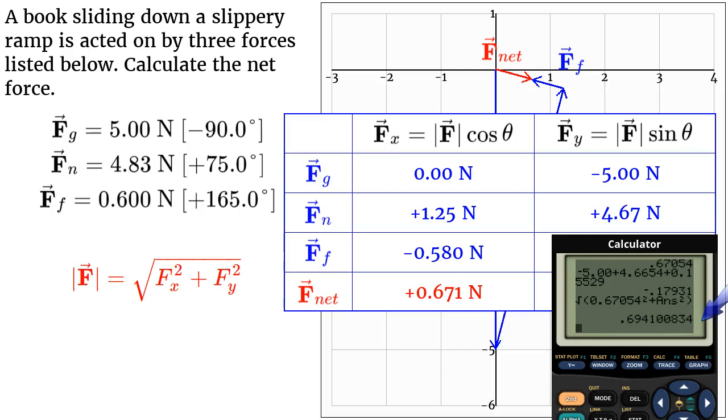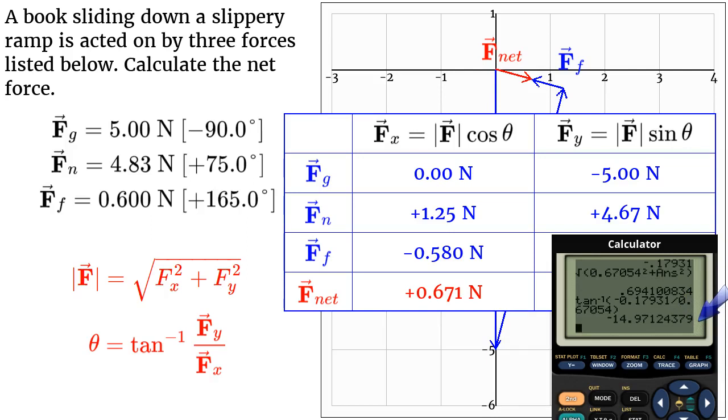So according to my calculator, the net force has a magnitude of 0.694 newtons. To calculate the direction of the net force, we'll plug the x and the y components into the inverse tangent formula. And according to my calculator, rounded to 3 significant digits, that's going to be negative 15.0 degrees.